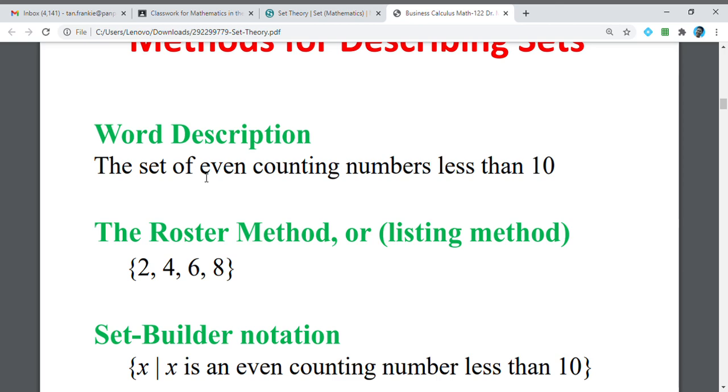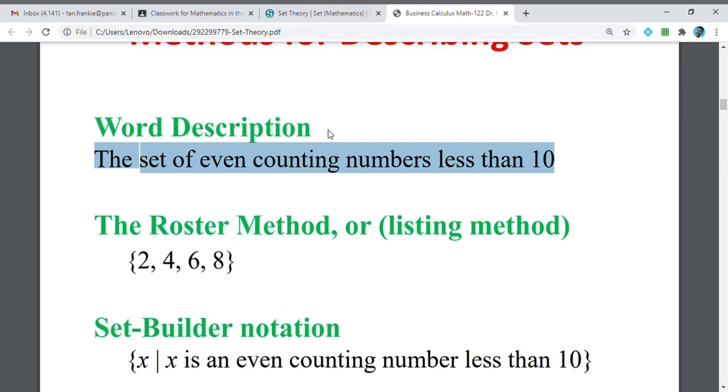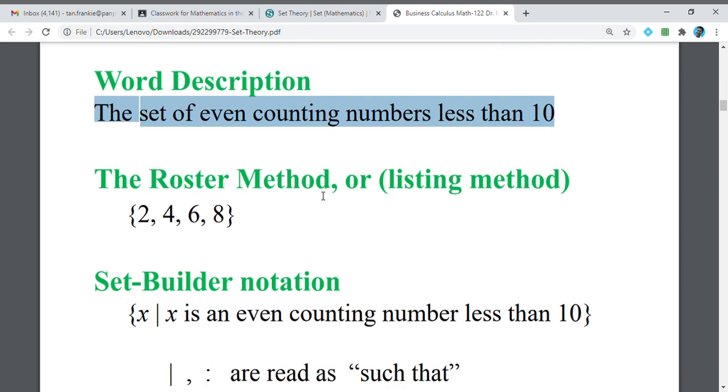Then the roster method. Going back to this word description, if you are going to express this in this way, we have the listing method, also known as the roster method. You are just going to identify what are those numbers which are less than 10, and it is a part of the set of counting numbers or natural numbers.